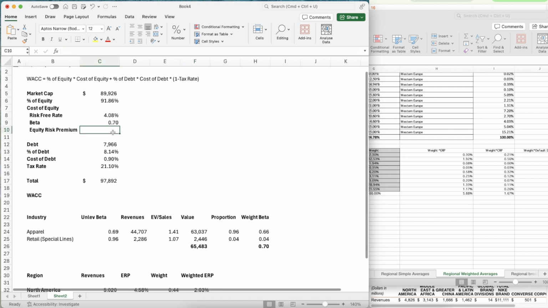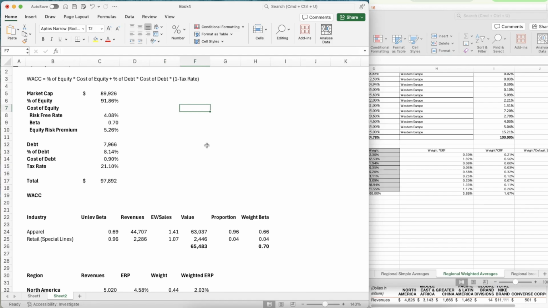F36. Have it. So now your cost of equity equals your risk-free rate plus your beta multiplied by your equity risk premium.